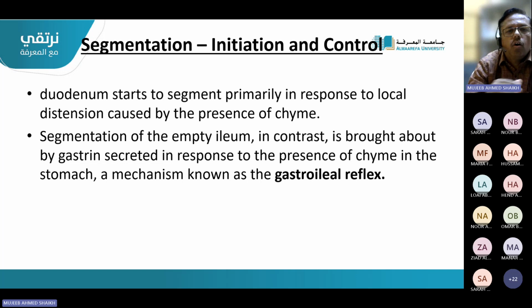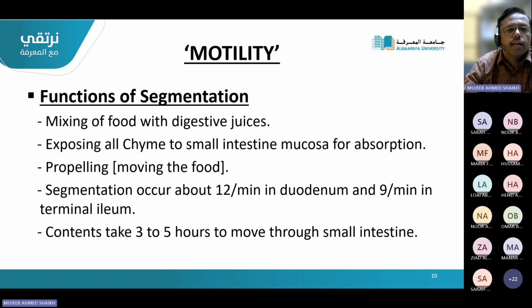We say that food will also move. This will move because the rate of contraction is different in different segments. So let's say in the duodenum, which is the early part of the small intestine, the rate is 12 times in 1 minute.